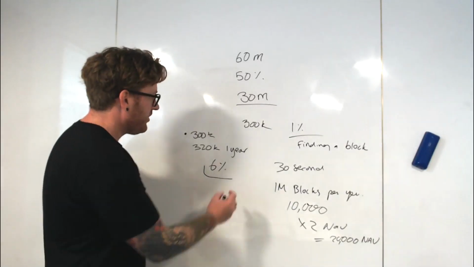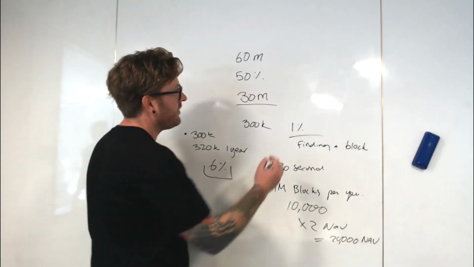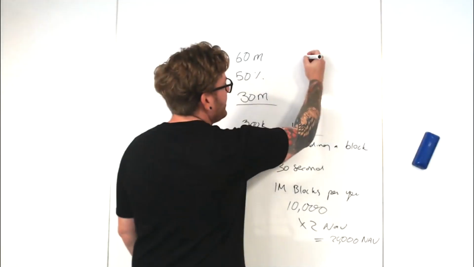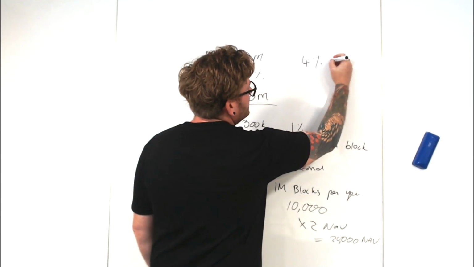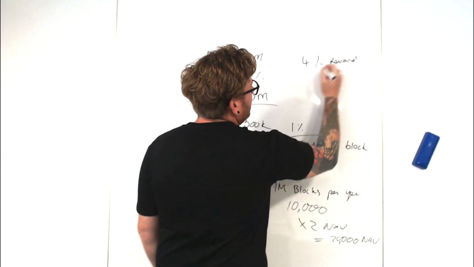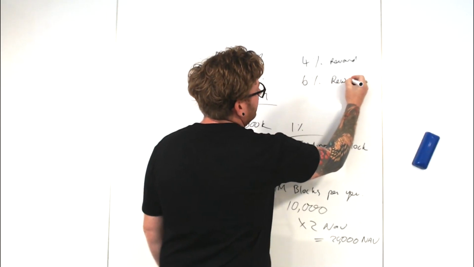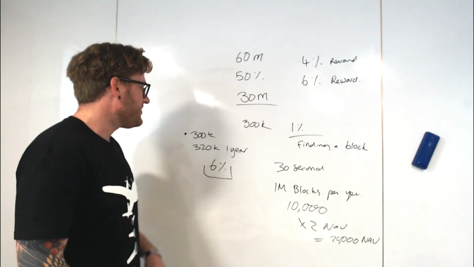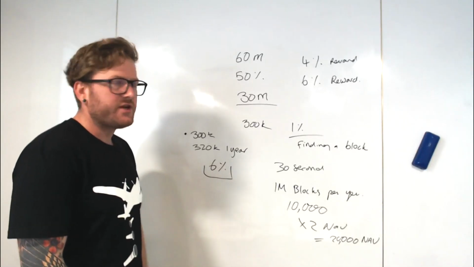So our previous block reward was 4%, and in this example, the reward would be 6%. So this person has actually gained 2% more in terms of staking rewards.